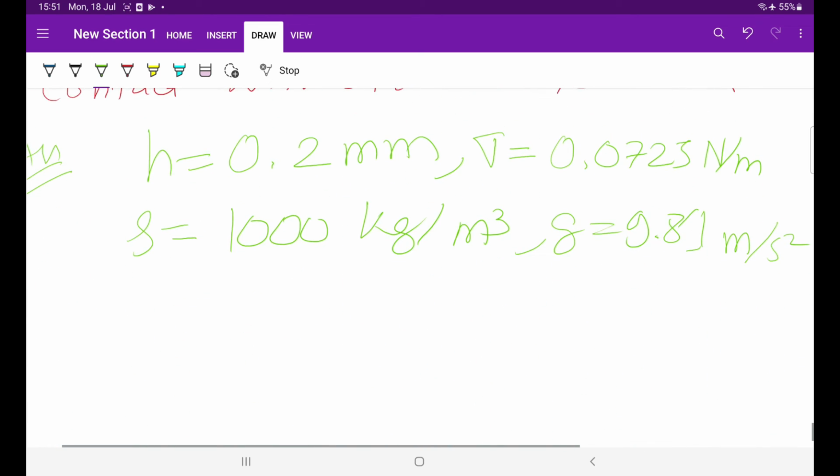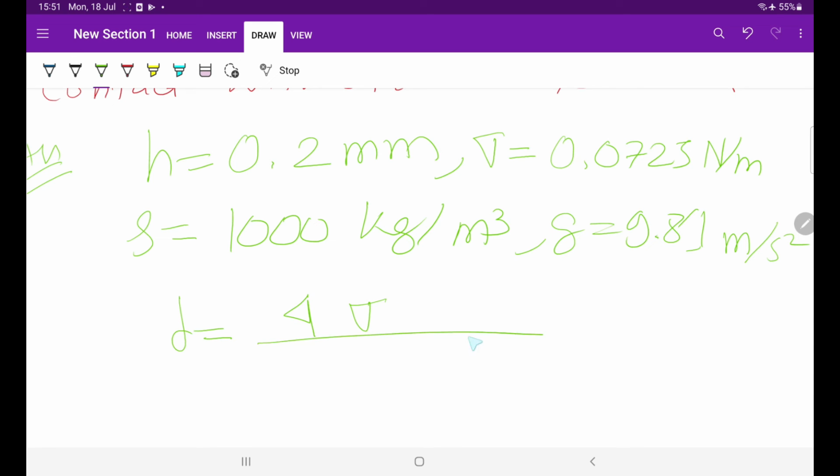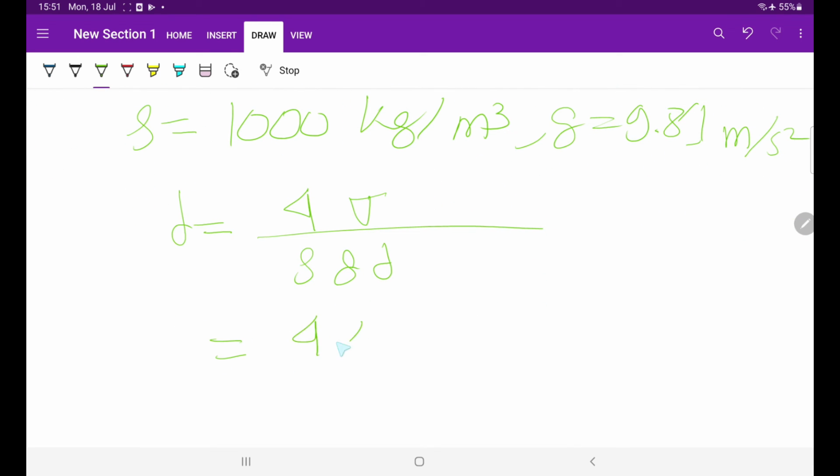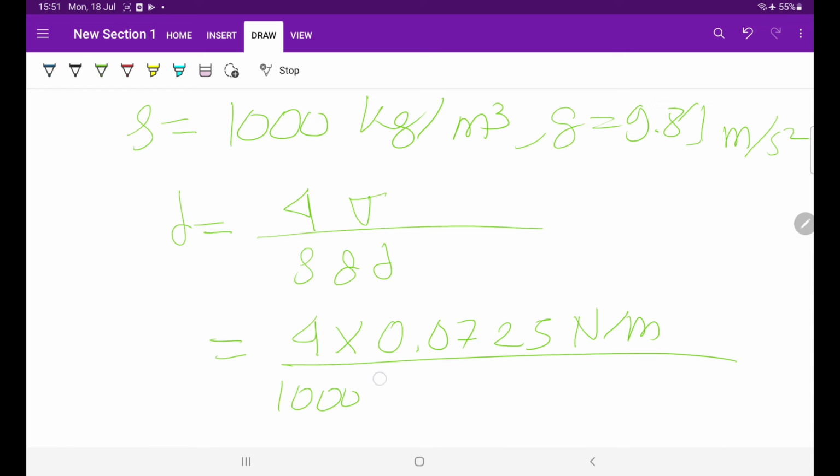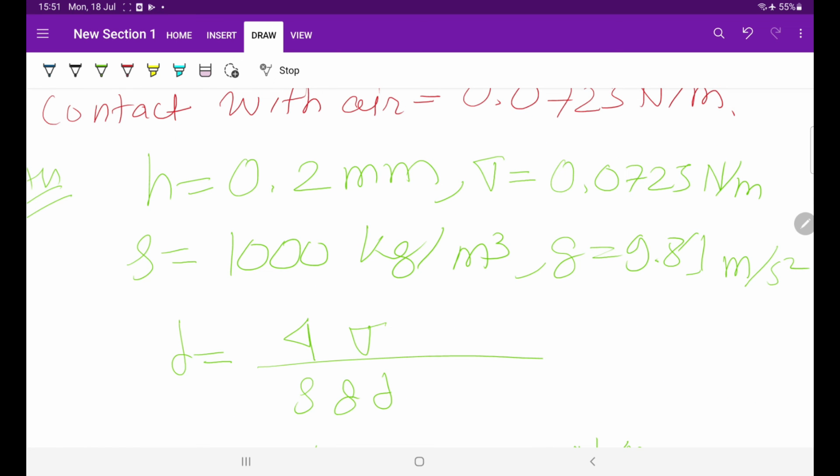So minimum size means we need to find out d. So already we know d is equal to, since this is water, cos theta will be 1, no need to write it, 4 sigma cos theta by rho g h. So put down the values, 4 into 0.0725 Newton per meter, here rho is 1000 kg per meter cube into 9.81 meter per second square, and into 0.2, that is h, sorry.